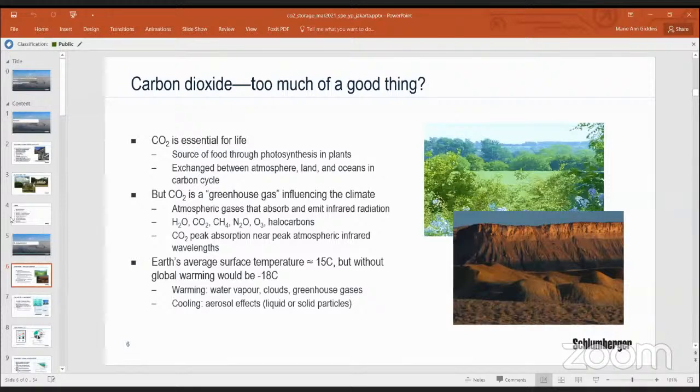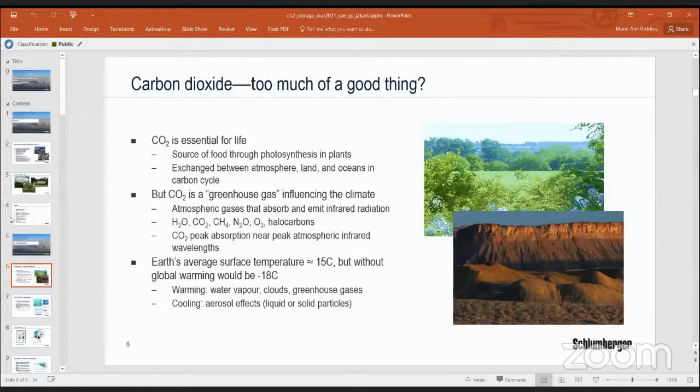It's what they call a greenhouse gas, and these are atmospheric gases that absorb and emit infrared radiation. They include not only CO2, but also water, methane, nitrous oxide, ozone, and some more complex molecules called halocarbons.